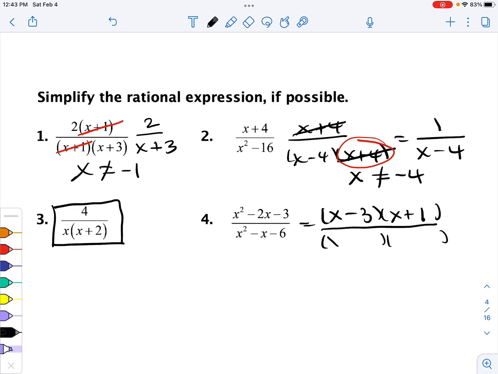It's going to be x minus 3 and then x plus 2. You'll see that x minus 3 will cancel out. Answer is going to be x plus 1 over x plus 2. And don't forget your excluded values here. X cannot equal 3.